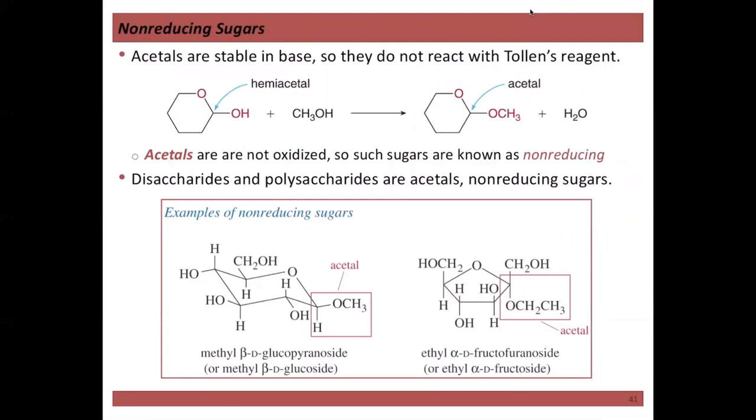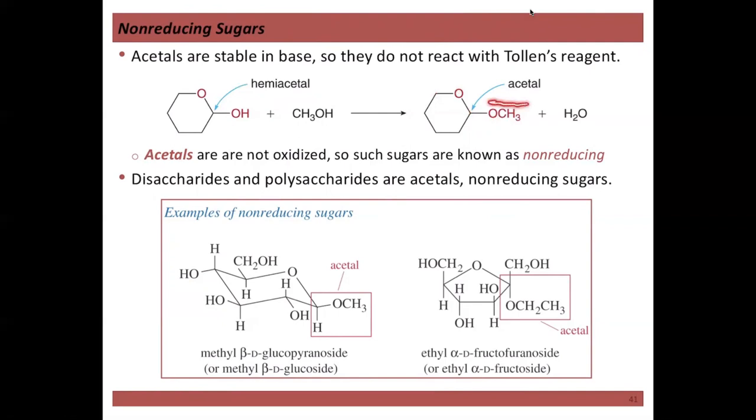So as I mentioned, we really don't form glycosidic linkages with methanol. Hopefully that's not an alcohol you have floating around in your system. And so this arrangement, though, of carbon, oxygen, carbon, oxygen, carbon is actually the acetal linkage.